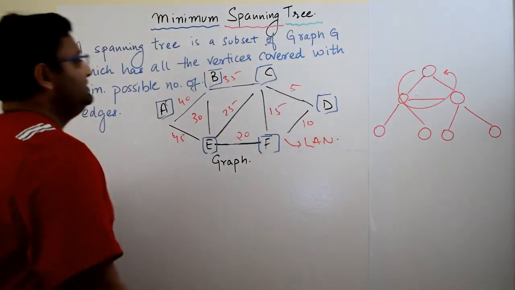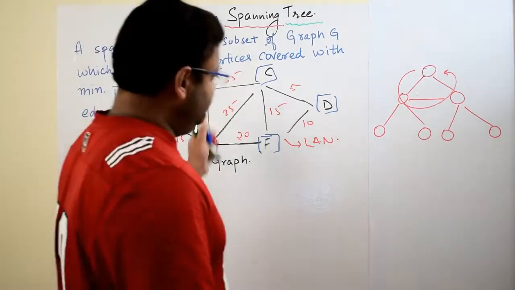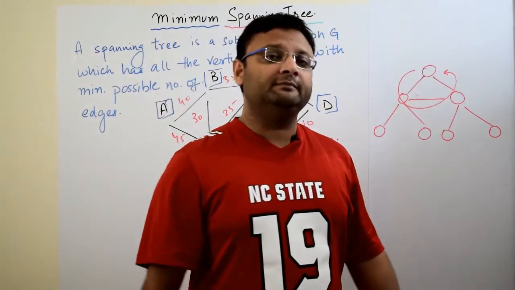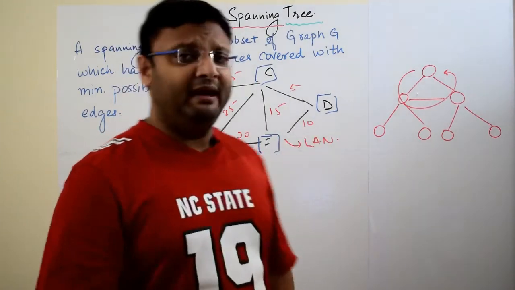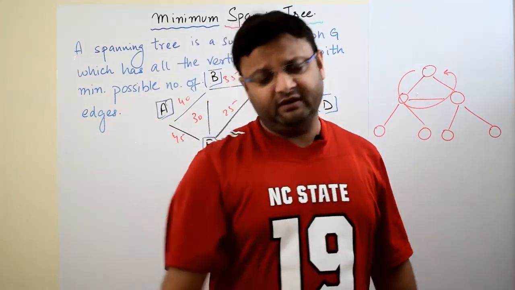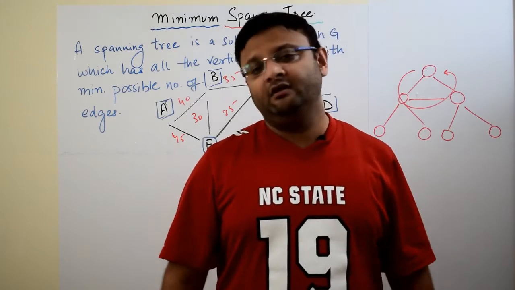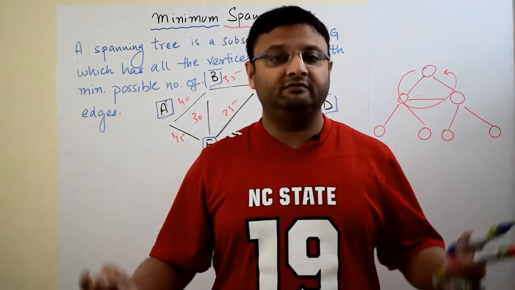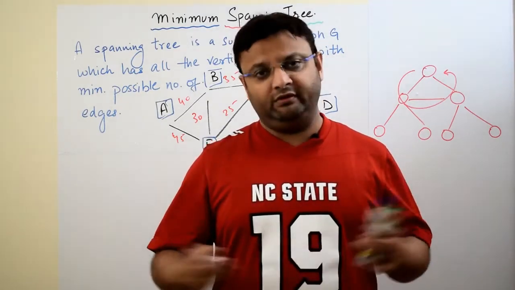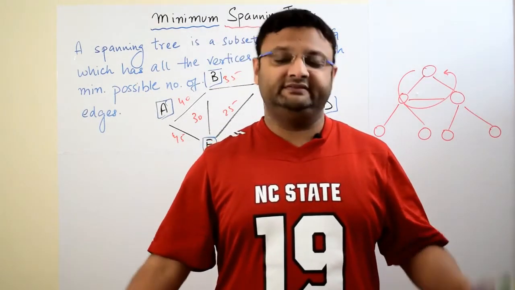So what the switches do now, why we are studying this algorithm: making this spanning tree manually for a small number of vertices is a relatively easy task. But suppose your number goes high, maybe 200, 300 vertices, then you need to automate this task, right?